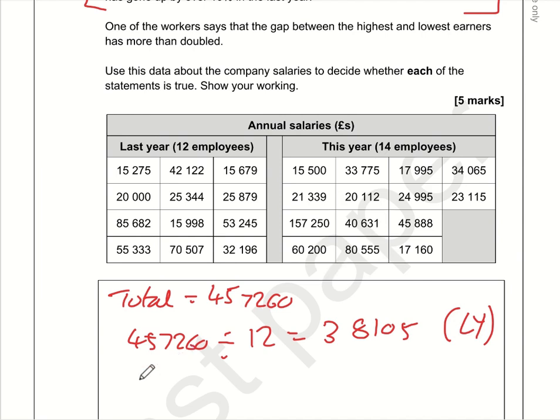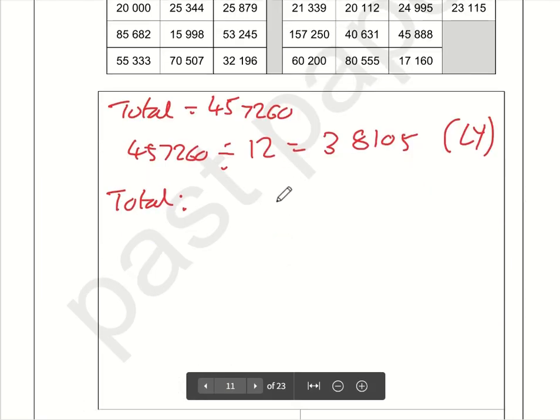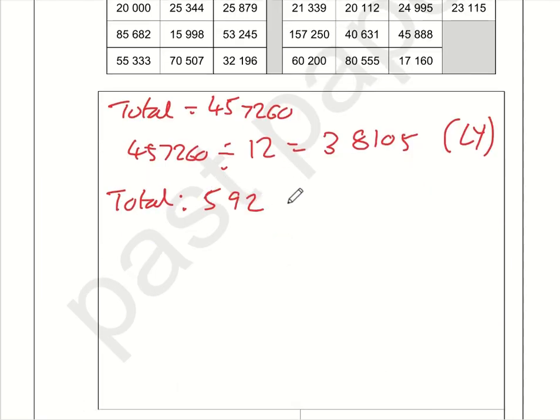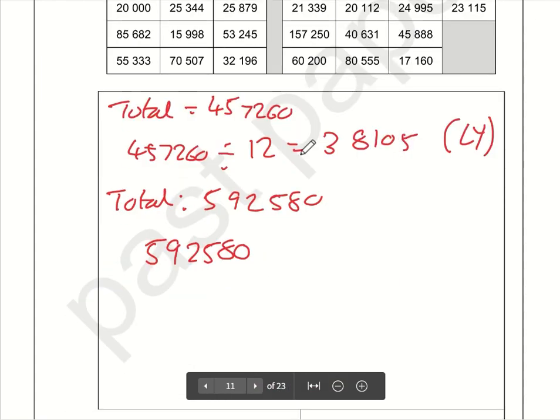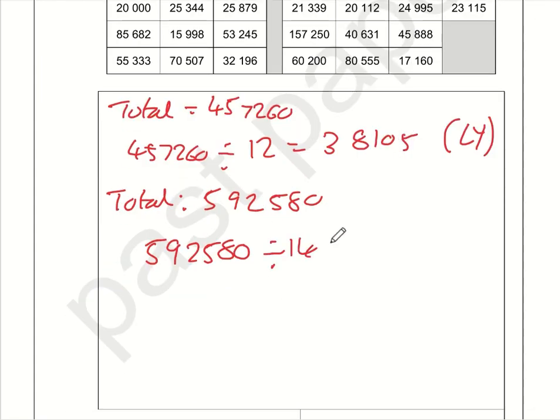This year, the total, if we add all of that together, comes to 592,580. And for this calculation, it's not divided by 12, it's divided by 14. And that comes to 42327 approximately. And so this is this year.